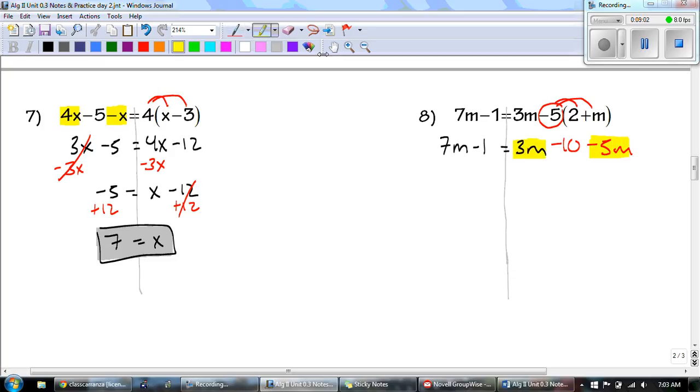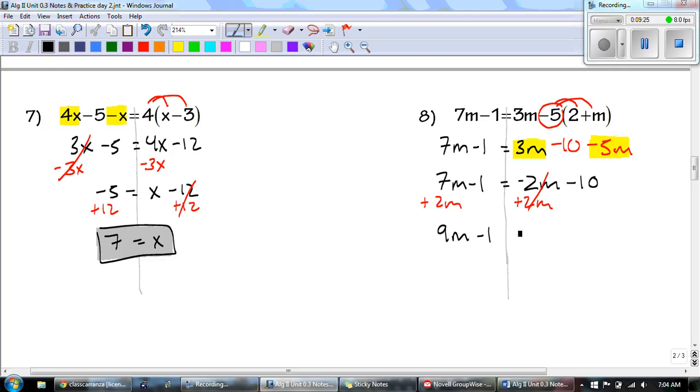I have to combine my like terms now. So I have 7m minus 1 equals negative 2m minus 10. And then we're just going to solve. Move the smaller variable.